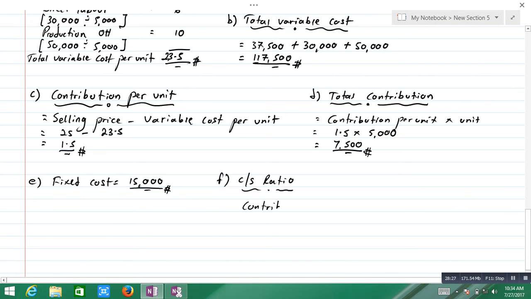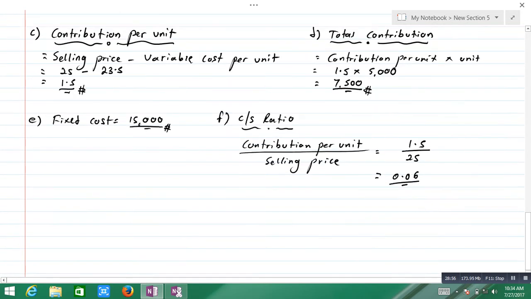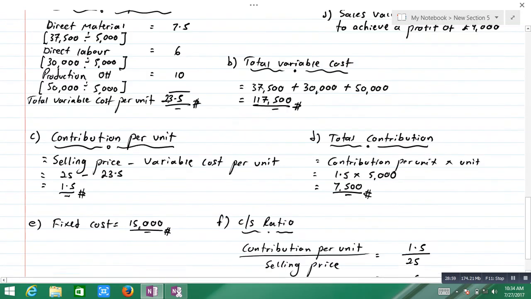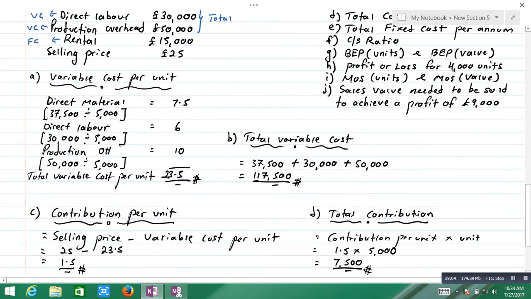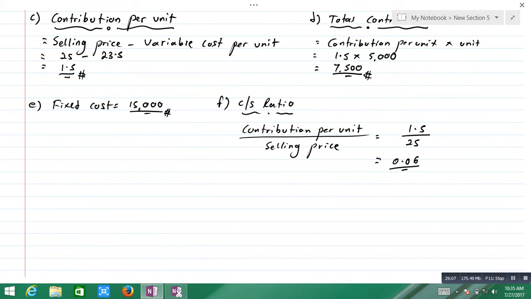So next required will be G, break-even point units and break-even point value. BEP units, which is fixed cost over contribution per unit, where our fixed cost is 15,000 divided with the contribution per unit 1.5.